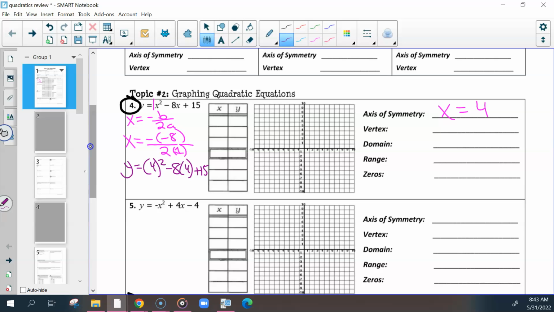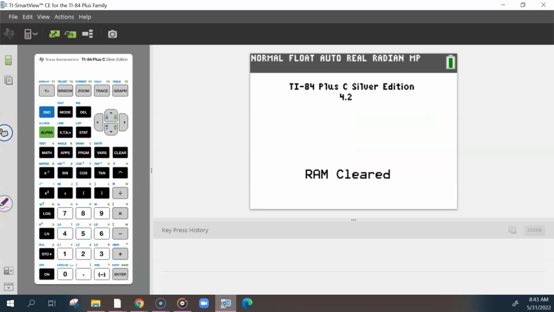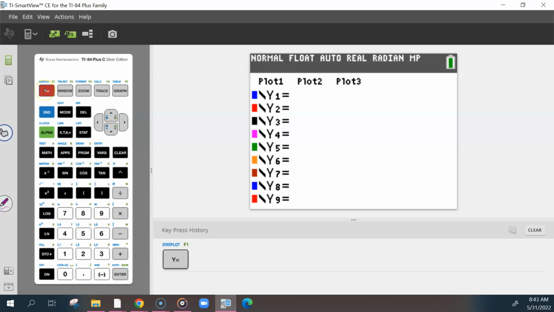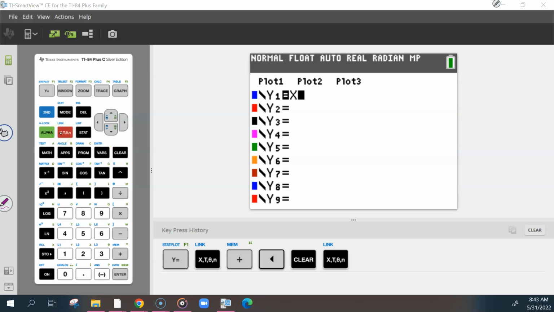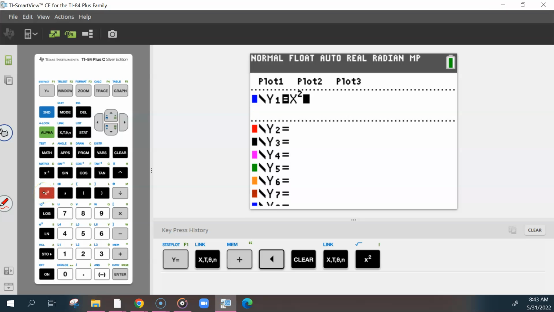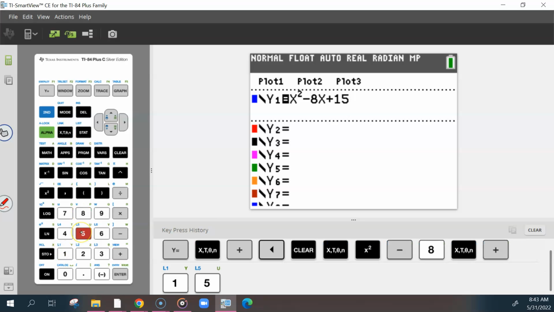So in this, I'm going to go into my calculator. I'm going to put in that equation. In y equals, I'm going to put in x squared minus 8x plus 50.